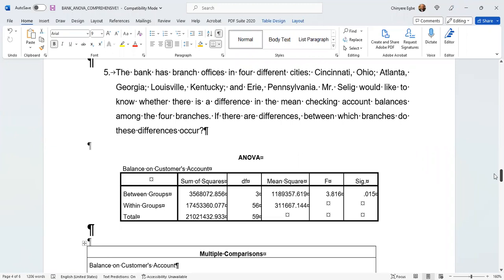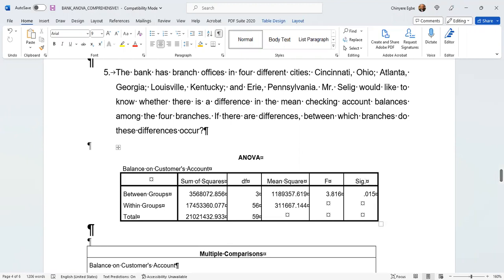The average balance in the checking accounts of customers: is it exactly the same or approximately the same for all 4 branches of your bank? Now you have your calculated F, and you have the SIG, which is the p-value.